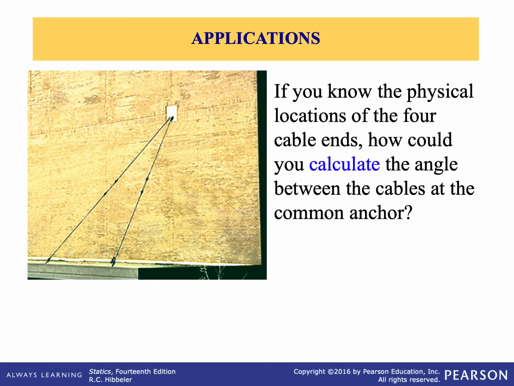If you know the physical location of the cable ends, there are 4 points, actually 3, because they're attached very close to the same point. If you know the coordinates of these points, how can you calculate the angle between the cables in 3 dimensions in an easy way? I don't want to do projections on X, Y, and Z, which would be a lot of work. Is there a way to do that? Actually there is, the dot product, and we'll talk about that.